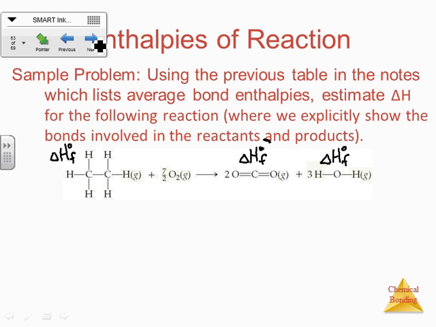I take the products minus the reactant, and that would give me the overall delta H for this equation, okay? Now, there's another way that we can figure this out, okay? And I almost don't like giving you a formula for this one because it's almost the exact opposite of the products minus reactants thing for the delta H of formation.